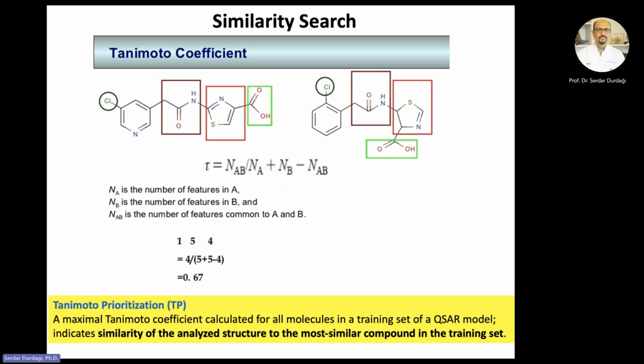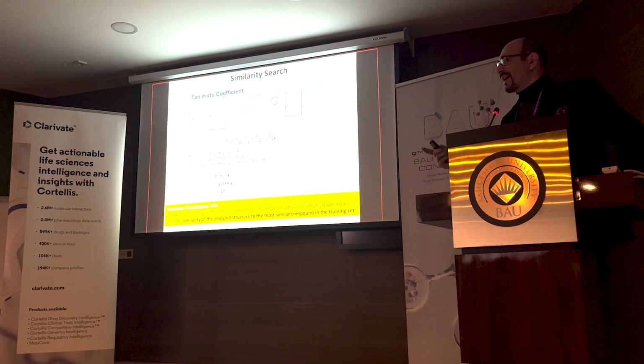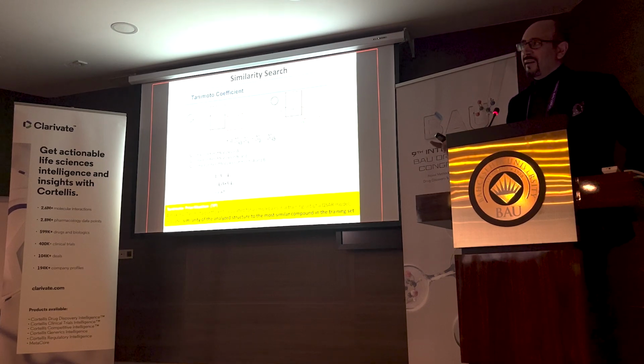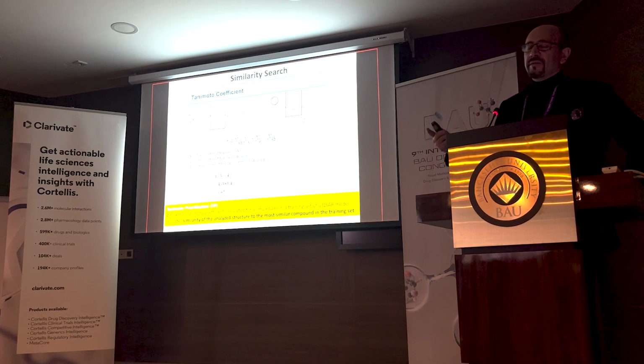This is called Tanimoto Prioritization. So the value tells you that your molecule has a maximum similarity of that amount. Let's say the Tanimoto Prioritization is 0.70: this means that among the training set, your molecule is at most 70% similar to the training set. Okay.